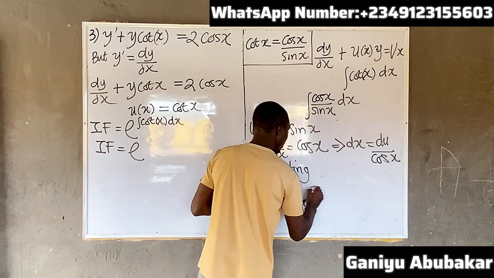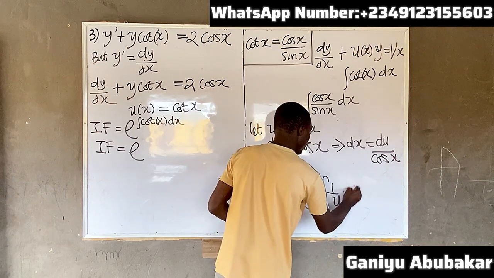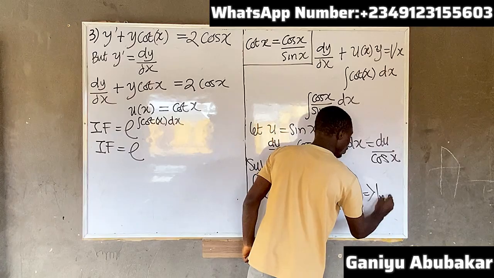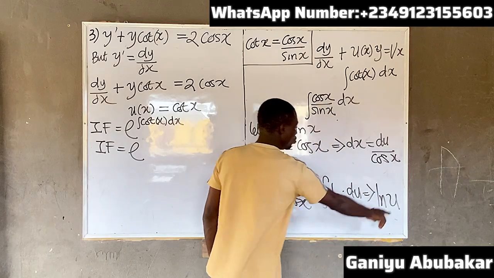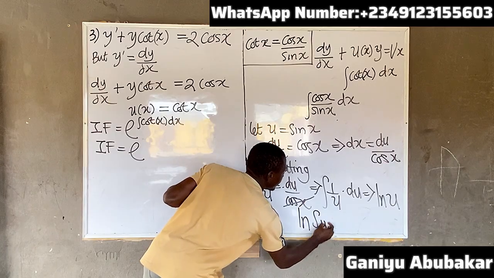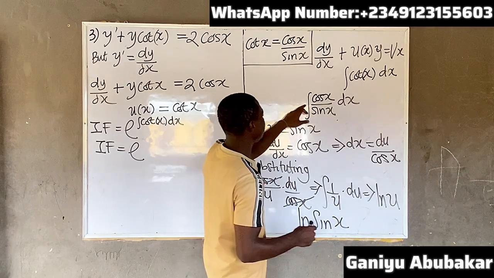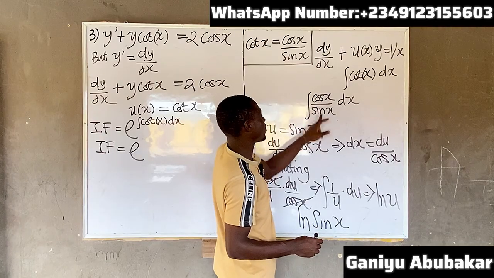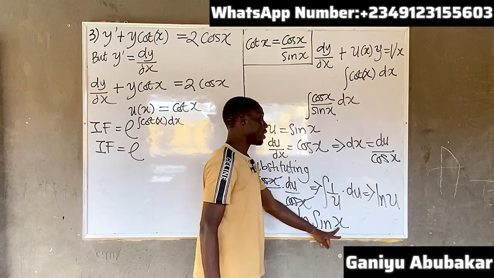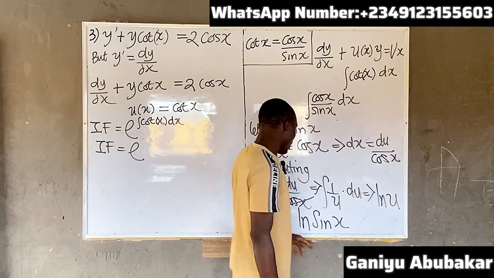What am I having left? I'm having the integral of 1 over u du. If I integrate 1 over u, that gives you ln u. And u is sine x. So that gives me ln sine x. So if I integrate cos x over sine x with respect to x, or if I integrate cot x with respect to x, I'll have ln sine x.